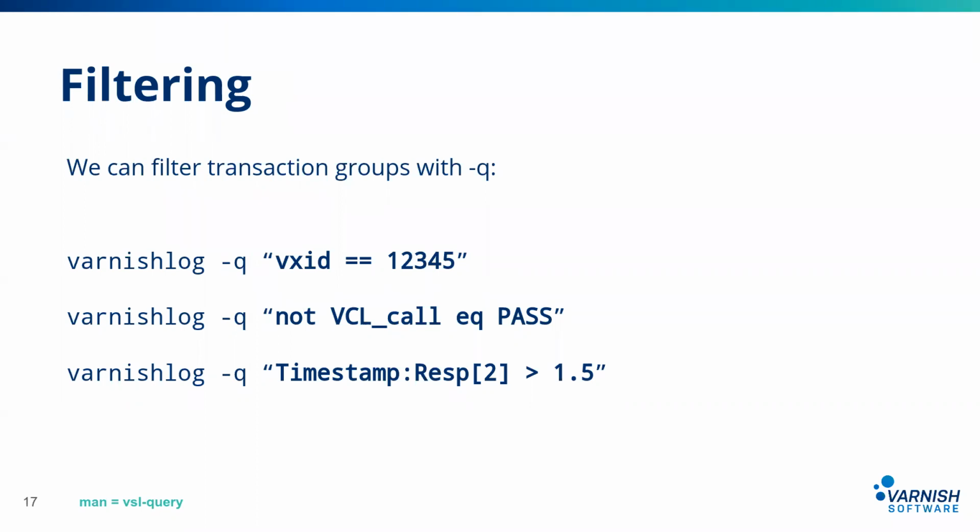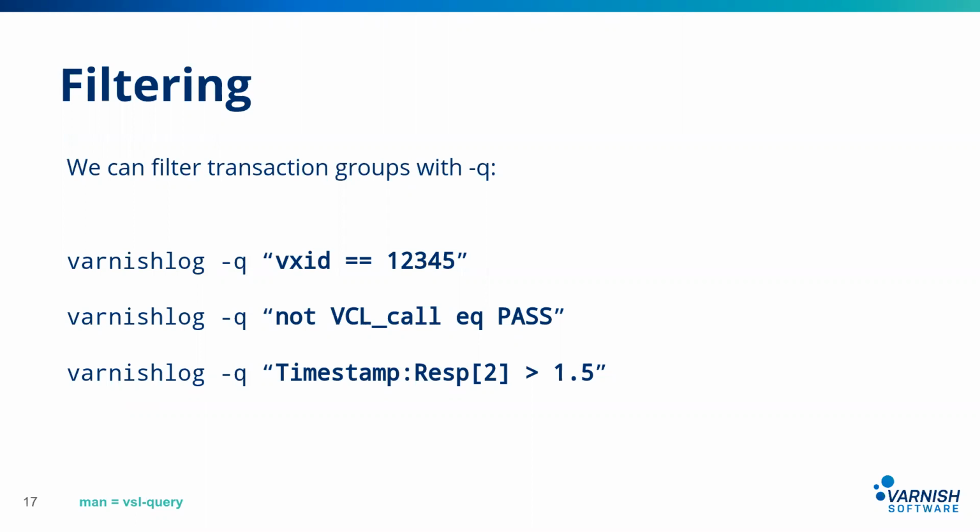And as I mentioned here, grep is not a solution because there are way more than one record per transaction. So instead, we have a query language that you can access using -q. And basically anything you see in the Varnish log is going to be available for filtering.